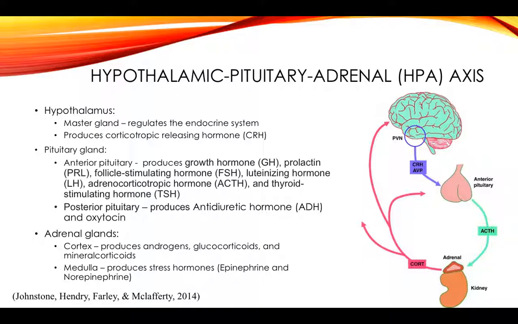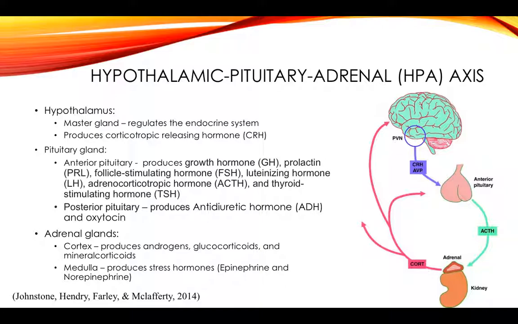And today we will look at the hypothalamic pituitary adrenal axis. We already know that the hypothalamus is the master gland which produces a number of hormones to regulate the endocrine system, and the hormone we'll look at today is corticotropin releasing hormone (CRH).